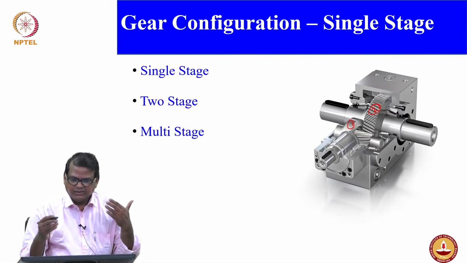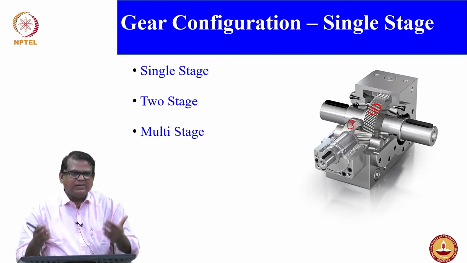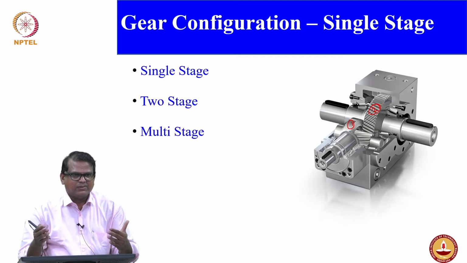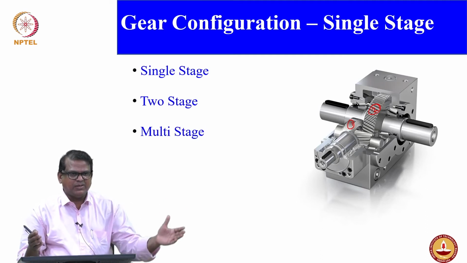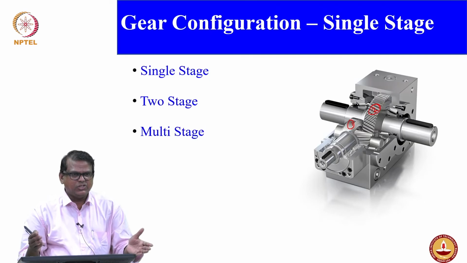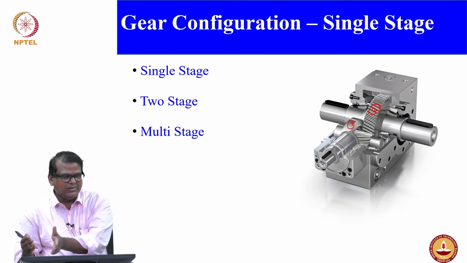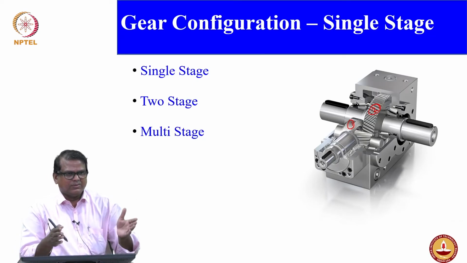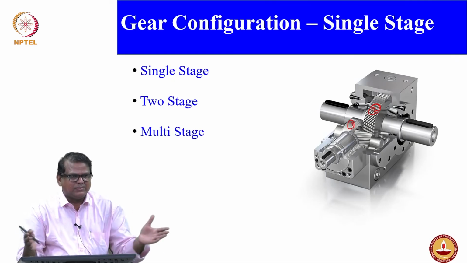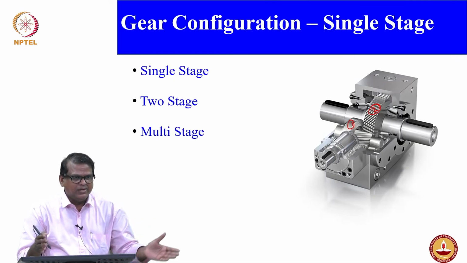Okay. Let me ask one question before moving on. What is the need of the gearbox? You have seen the configuration: engine, flywheel, clutch, then the gearbox. After the gearbox you went to the universal joint, then to the wheel. So can we take off the gearbox and straight away join the engine with the wheel?